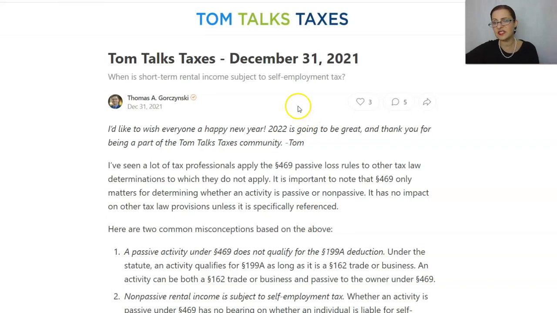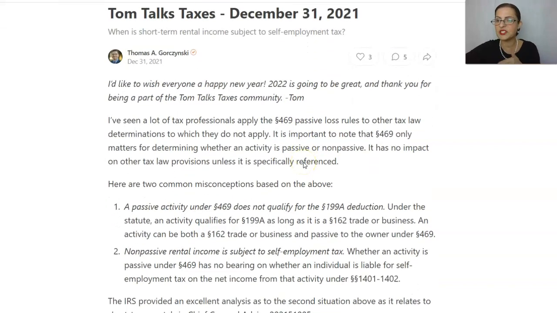And basically the deciding factor in both of the examples is whether or not substantial services are provided to the tenant. And by substantial services, we're talking about daily maid service, breakfast, clean towels every day, vouchers to the pool, if it's a vacation rental, that sort of thing. Those are the examples that are in the chief counsel advice.